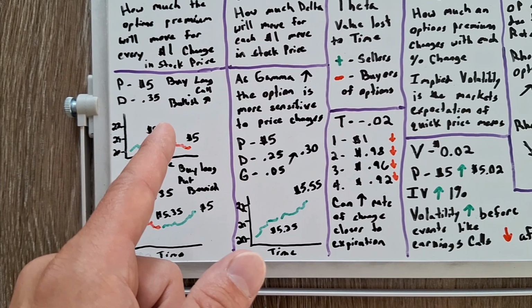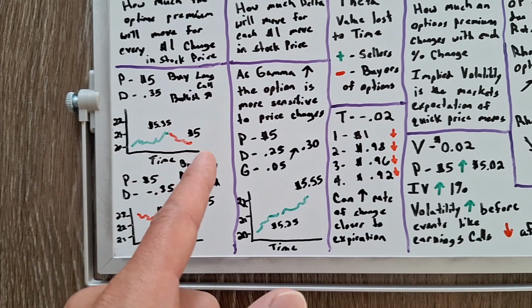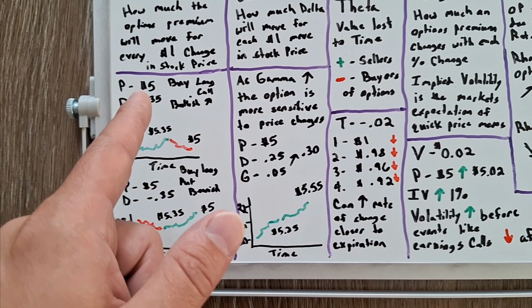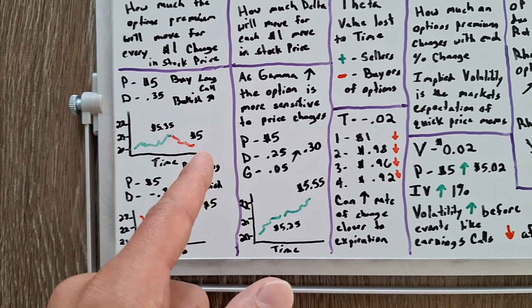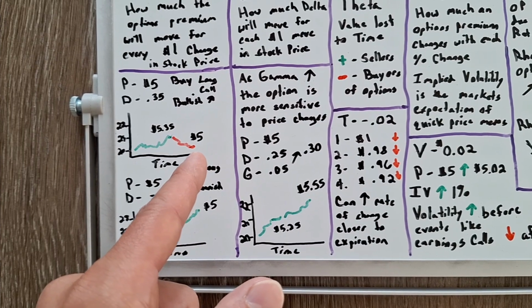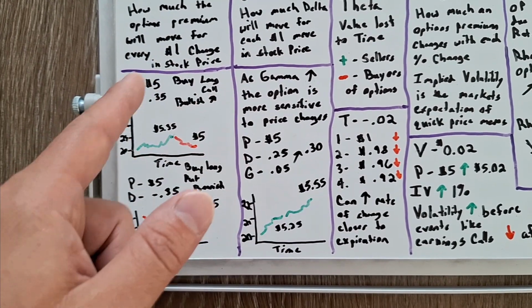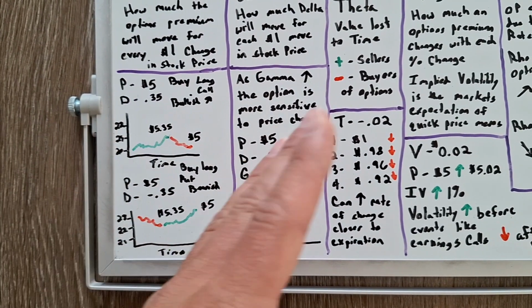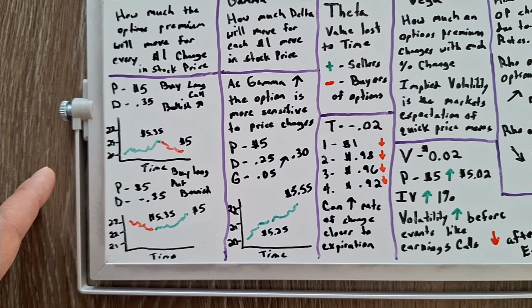On the contrary, if it goes down from $21 to $20, you're going to decrease by 35 cents. So this is for buying a long call option, which is a bullish bet on the market.